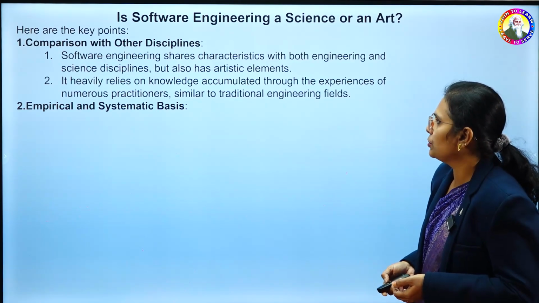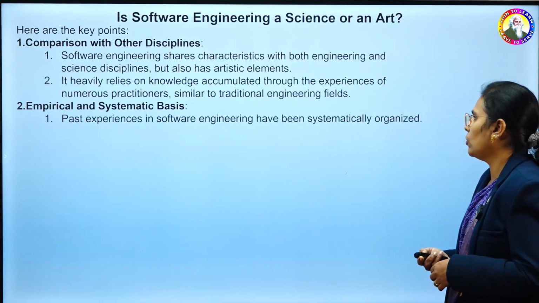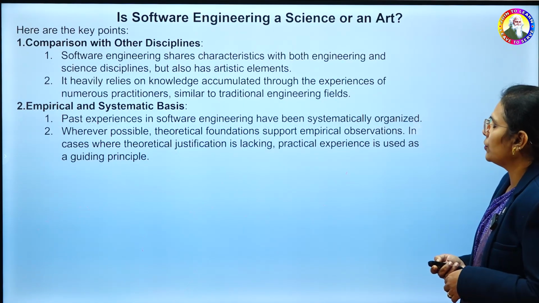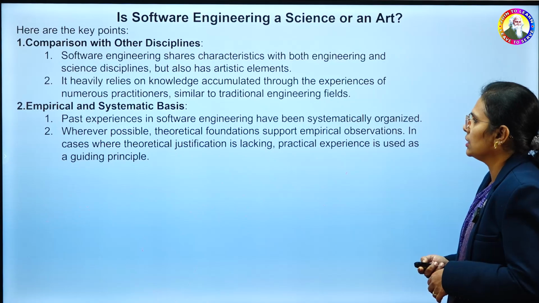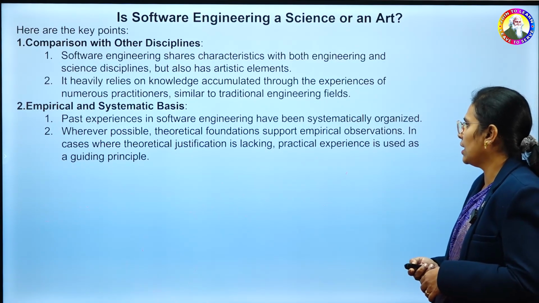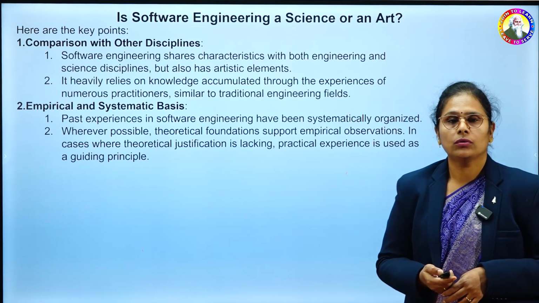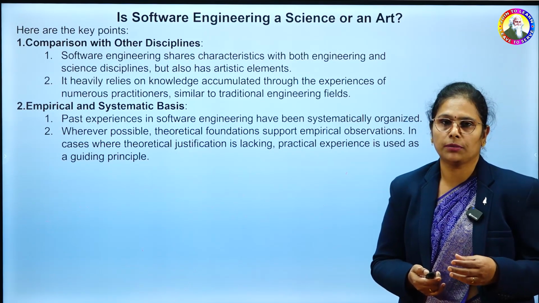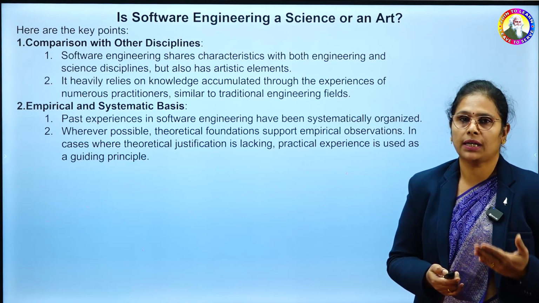Okay, then next, coming to the empirical and systematic basis. Past experience in software engineering has been systematically organized. Wherever possible, theoretical foundation supports empirical observation; in cases where theoretical justification is lacking, practical experience is used as guiding principles. Empirical means information gathered from historical data, from past experience.